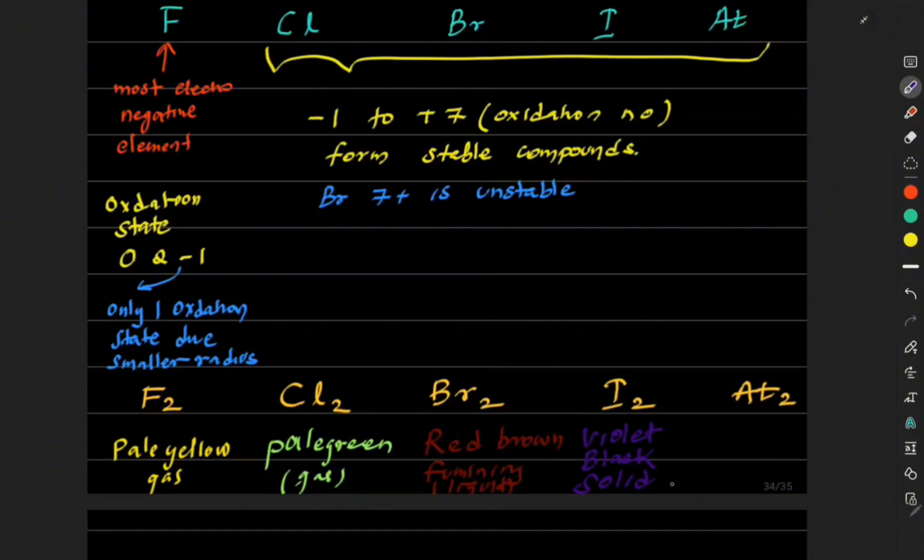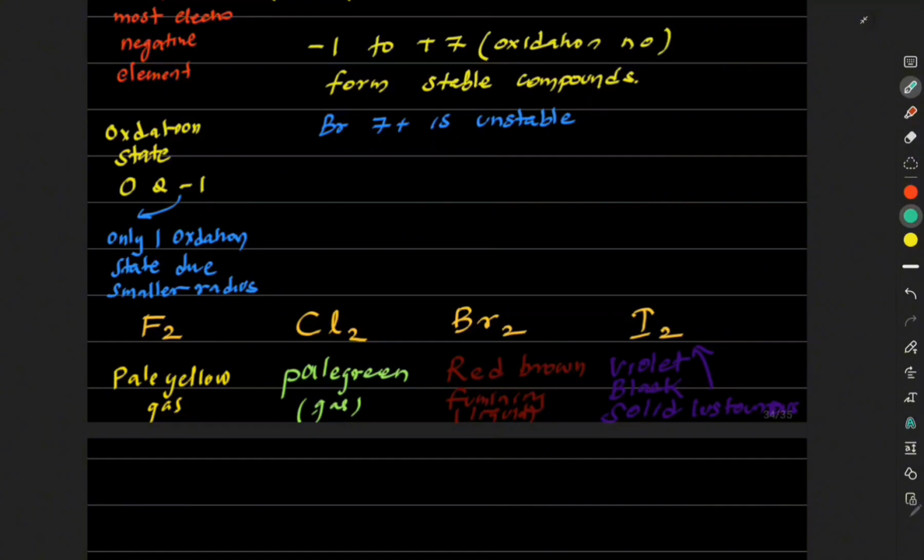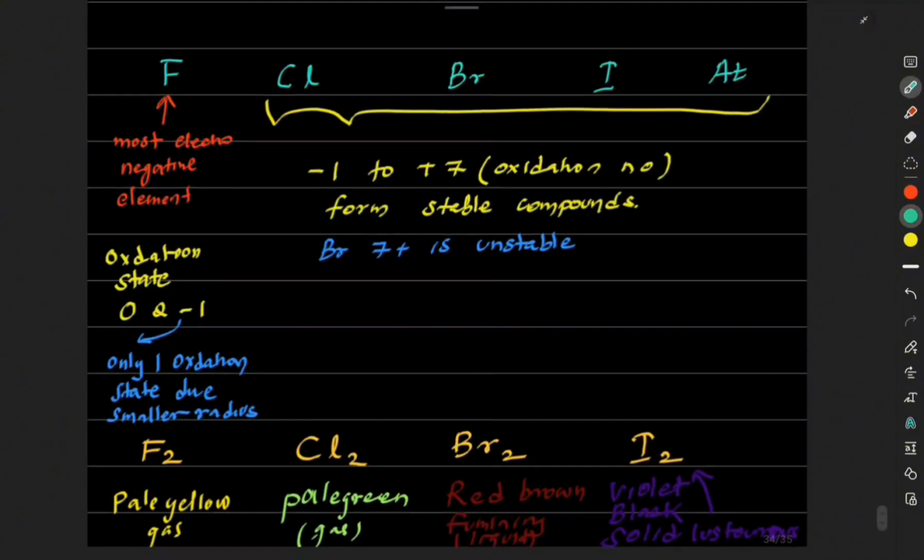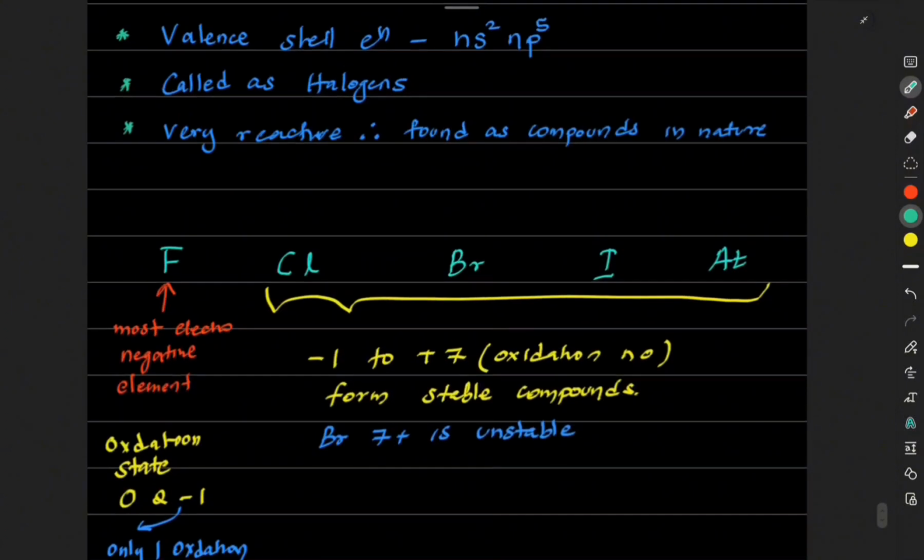It is also a lustrous solid. In our syllabus, we don't have anything for At2. Also, fluorine can stabilize higher oxidation states of other elements.